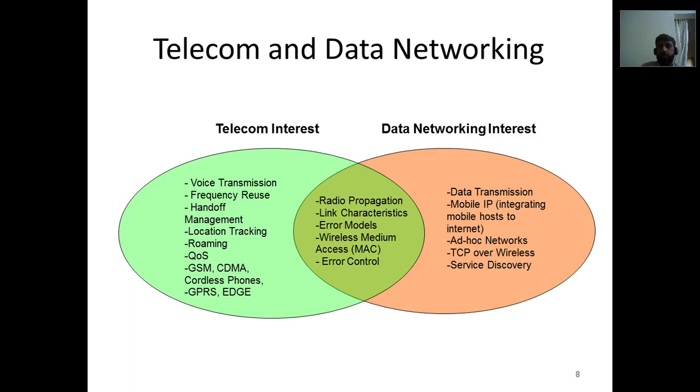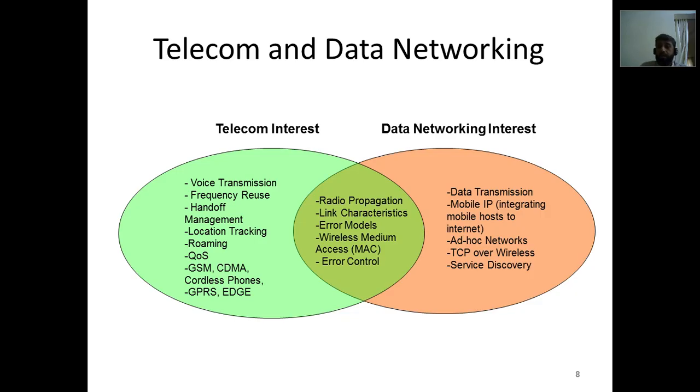There are some common things between telecom interest and data networking interest. When we talk about telecom, so eventually we are considering the voice transmission. We are focused on frequency reuse, handoff management, location tracking, roaming, and all other services which are common to the telecom perspective.